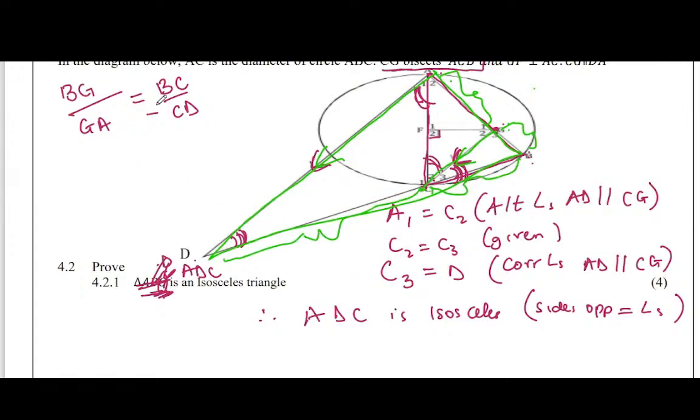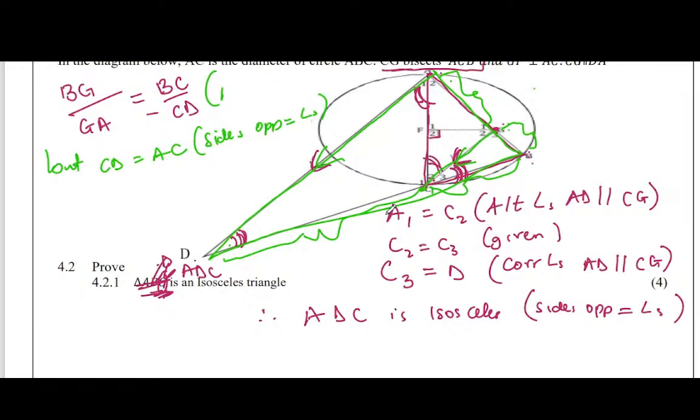The reason is line parallel to one side of a triangle, which means AB is parallel to that. But we know that our CD is the same as the AC, because sides that are opposite, we just proved that it's an isosceles triangle.